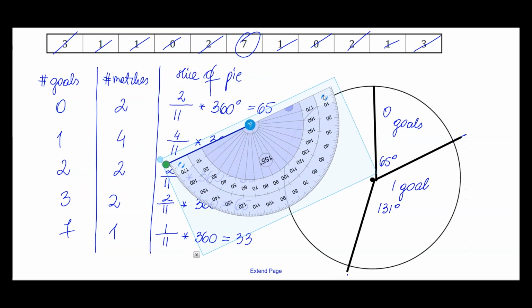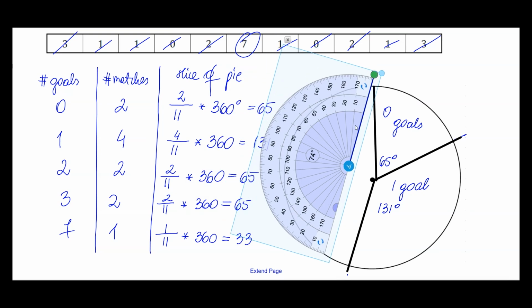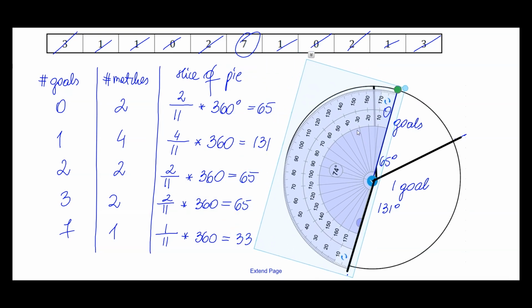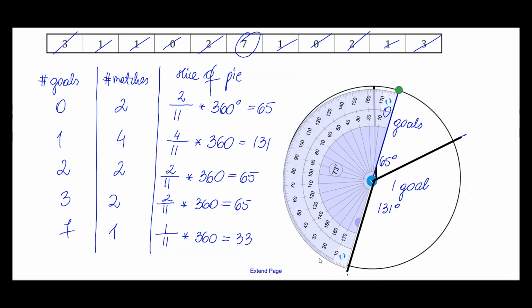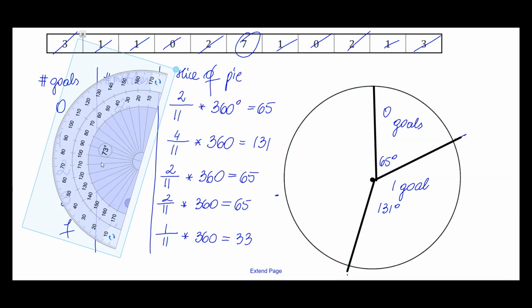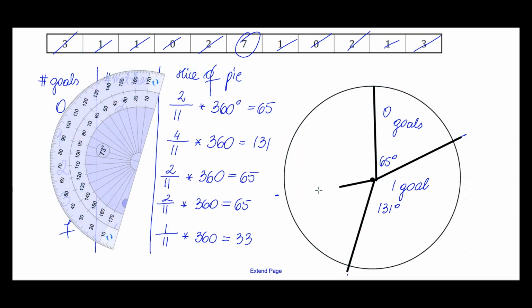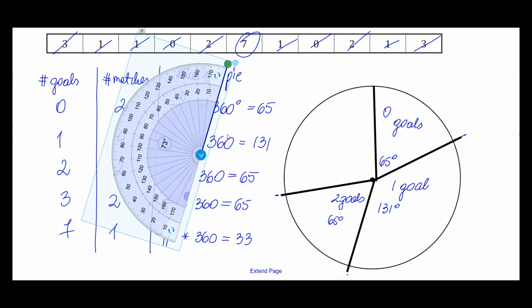Again we take that. I have to turn it because I have to make sure middle is with the middle, 0 is with 0. And this time we are marking 65. So it will be here. And again we take the straight edge and we join our line. This one was 2 goals, isn't it? And the angle is 65. And then we go with another one and repeat the process.